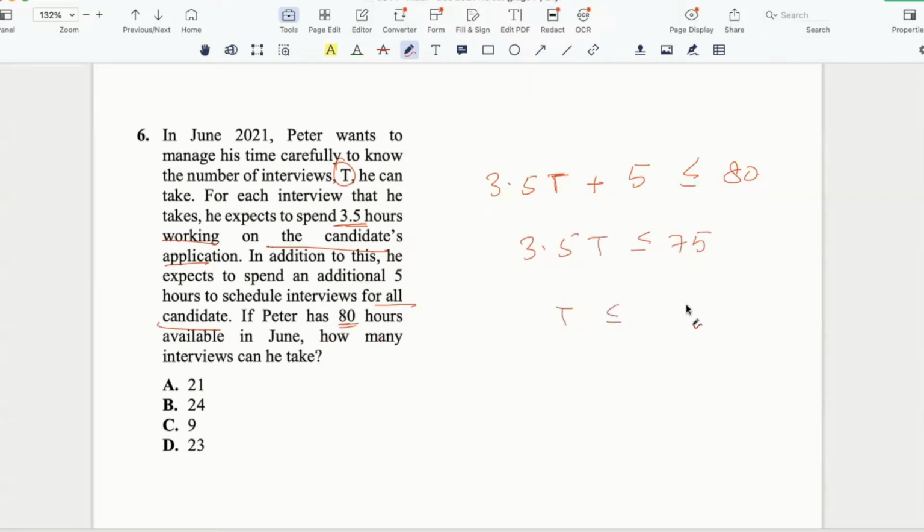So T should be less than or equal to 75 by 3.5. Let's plug that into the calculator. So that comes to 21.43. So it should be less than or equal to 21.43. So the closest answer is 21.